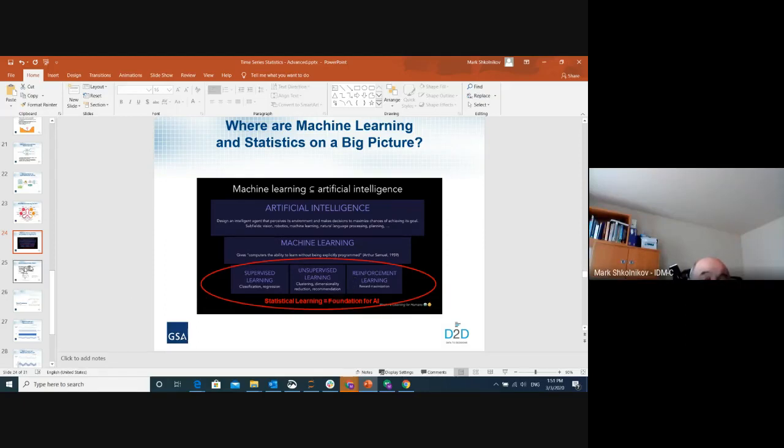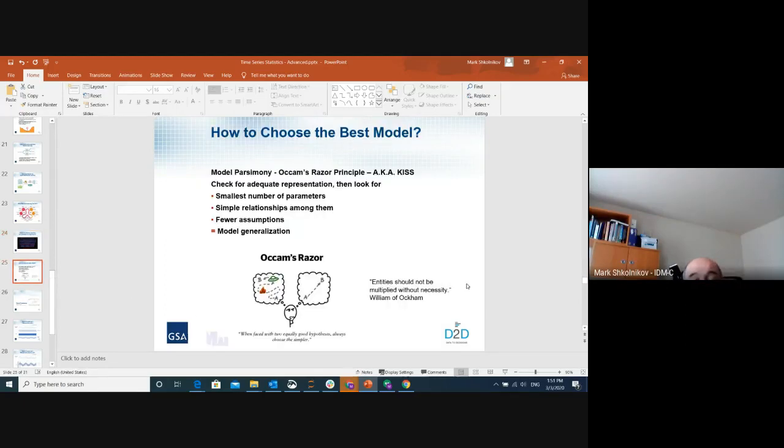Okay, so we just looked at the fact that there are many ways of creating a model for your time series. How would you pick the best one? Model parsimony, Occam's razor principle, colloquially known as the keep-it-simple principle.